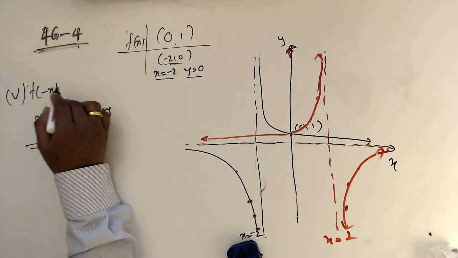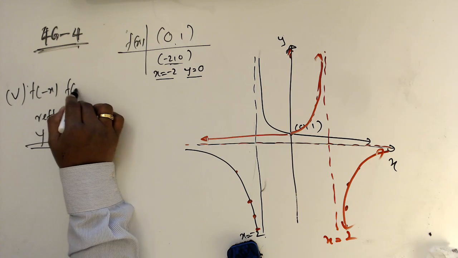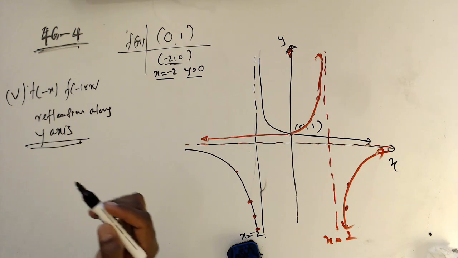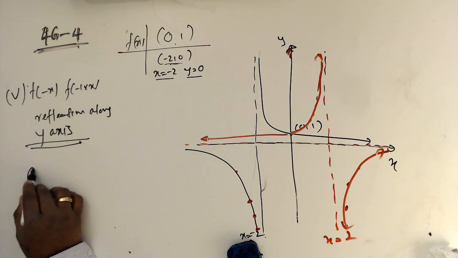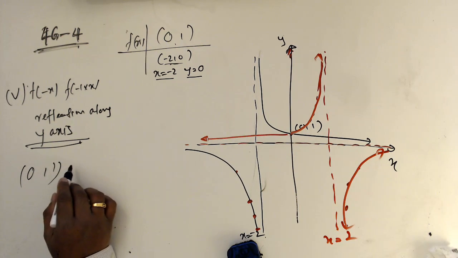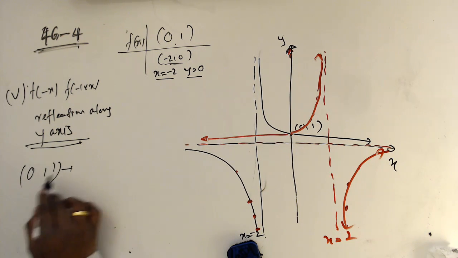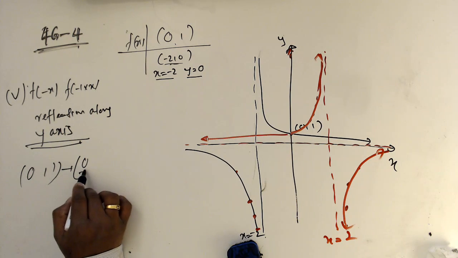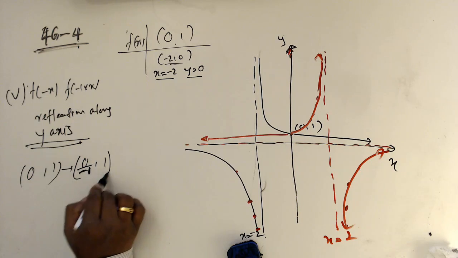You can look at this one differently. This is f(minus 1 times x). Then we have (0, 1). Then you have to divide the x value by minus 1, and y is going to be as it is.